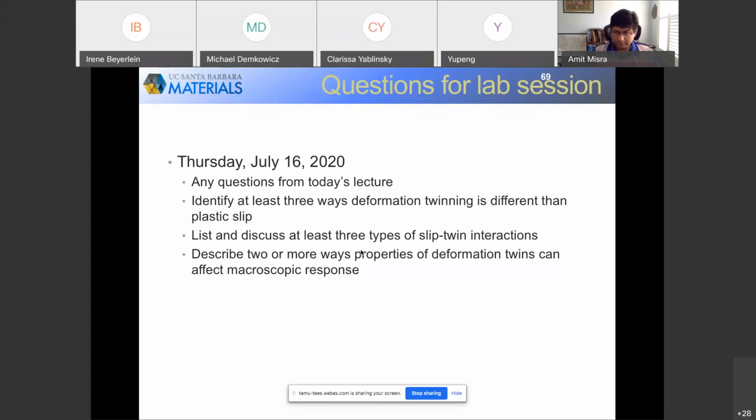Because as we've seen, you need to have some slip activity before you have twinning. If a material can deform by slip, then it will. But there's some process at which it transitions from slip to twinning.